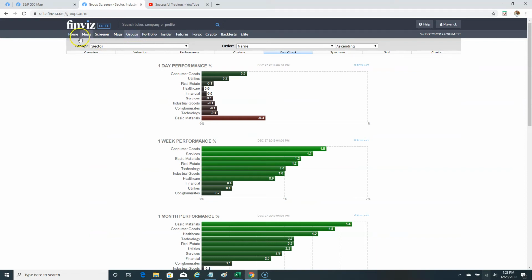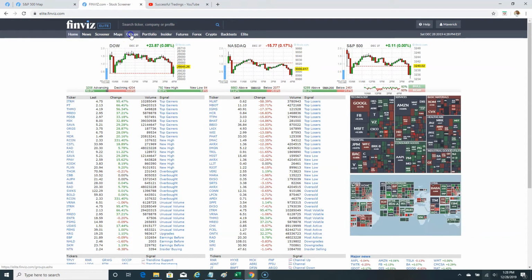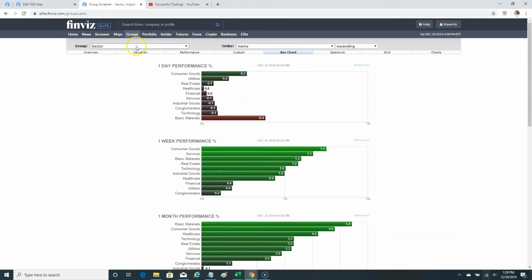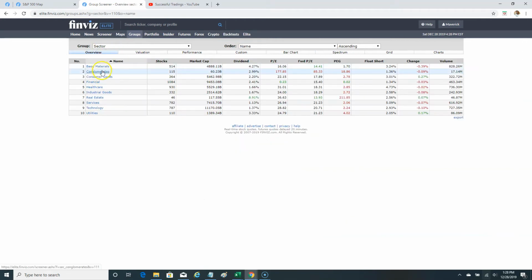So from the home, I just click on group, and then I select sector, because as you know, the US stock market is organized in 10 sectors. Here they are, the 10 sectors.